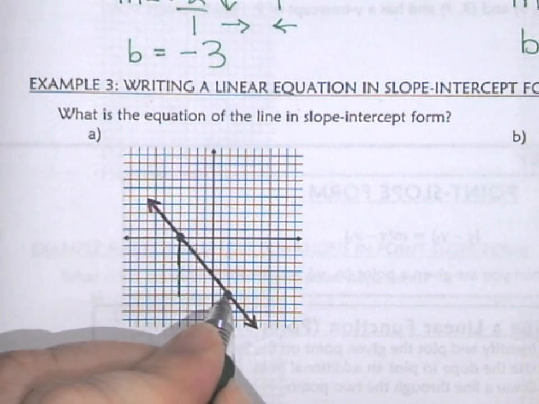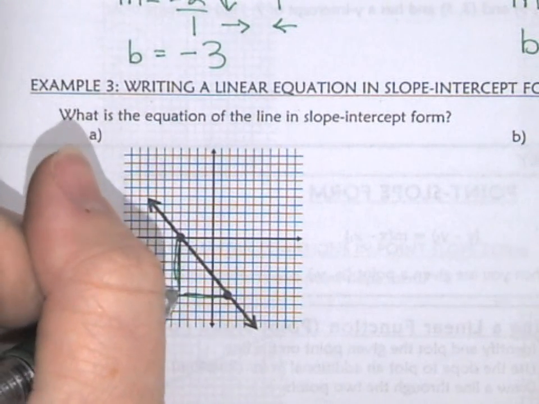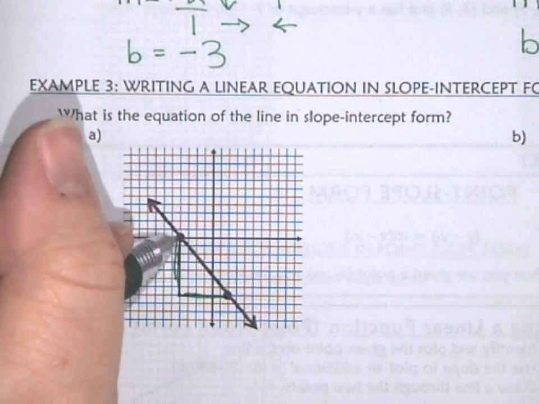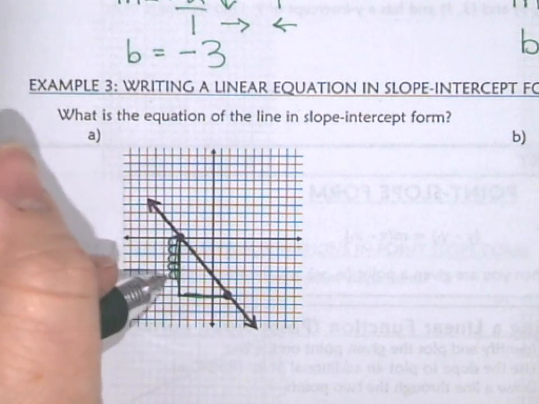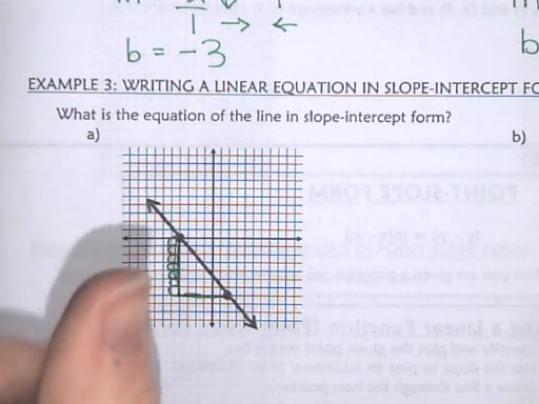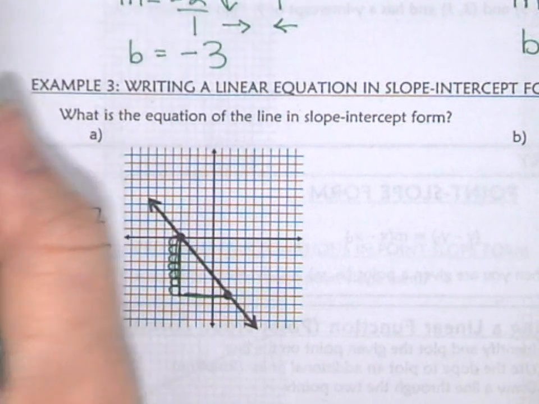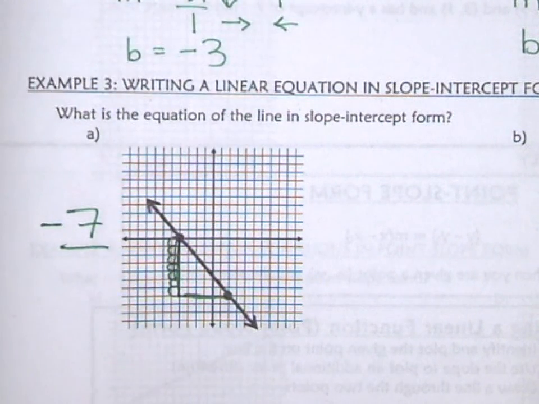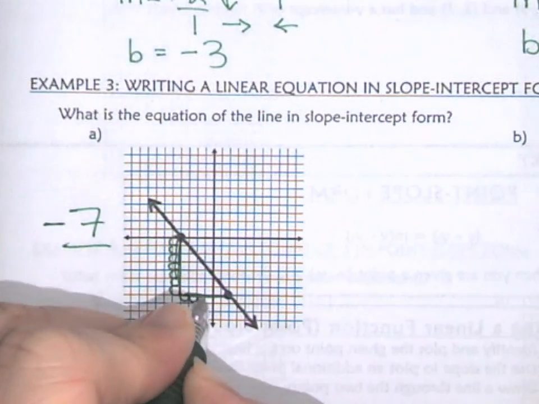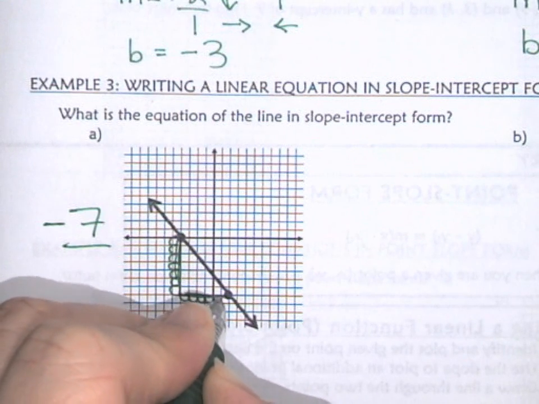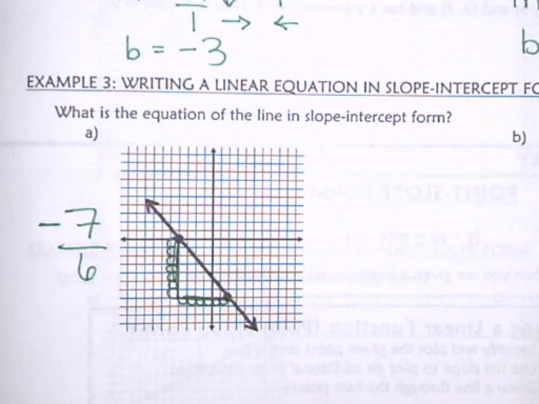You can either find the slope, calculate it using the formula we had before, or we can just count. 1, 2, 3, 4, 5, 6, 7. So my vertical change is I went down 7, so negative 7. And then 1, 2, 3, 4, 5, 6. Over 6.